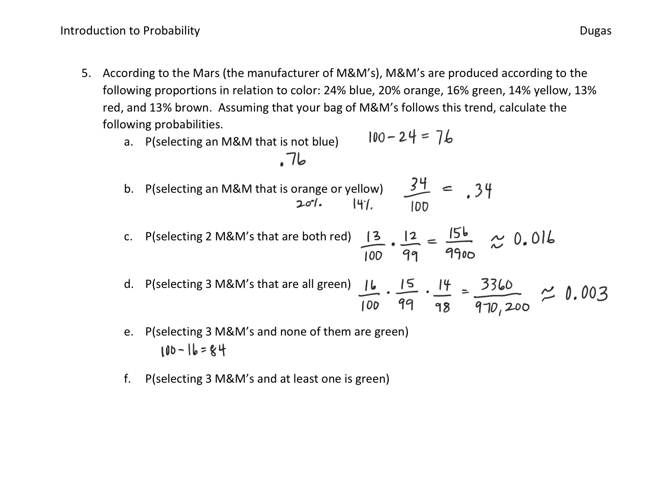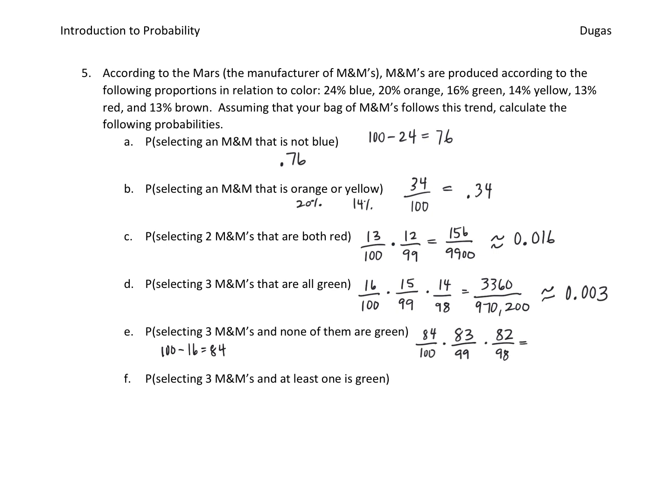So if the first one is not green, you have an 84 out of 100 chance that the first one is not green. Now we've taken one of the non-green M&Ms, so there are only 83 left. And then we'll take another non-green M&M, and there will only be 82 left. If we start with 100 M&Ms, after we take the first one, we'll have 99 M&Ms left. And after we take a second one, we'll have 98 M&Ms left. And so we will just multiply those together to get our solution.